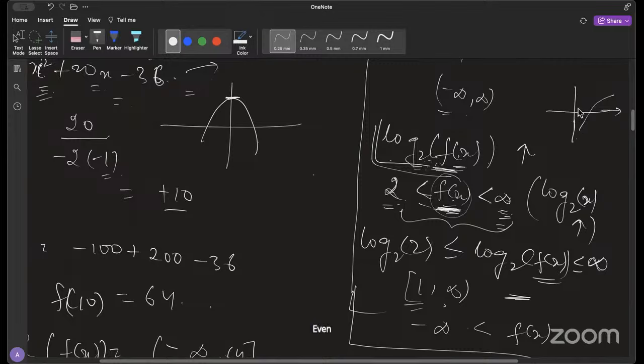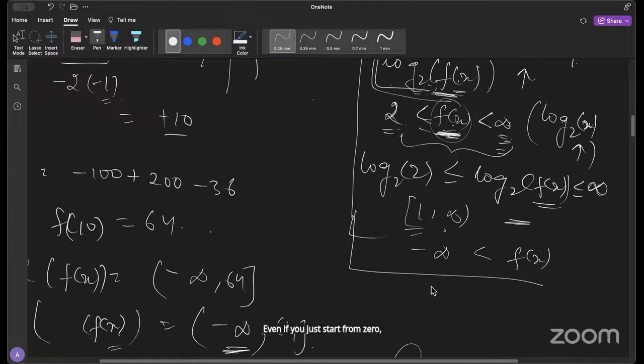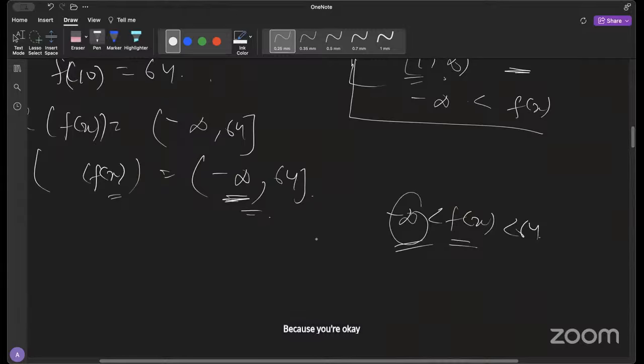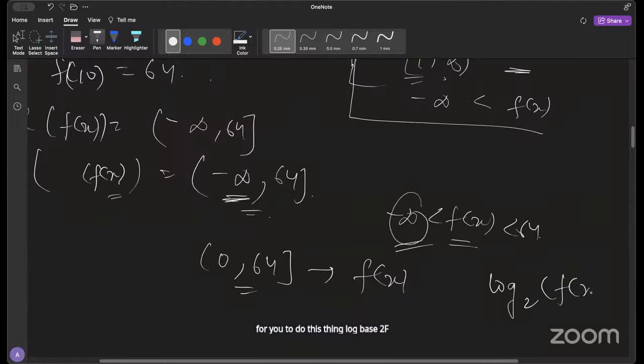Even if you just start from 0, that was just fine. First you consider this only, because that's the valid range for f(x), for you to do log base 2 of f(x), the valid range of domain.